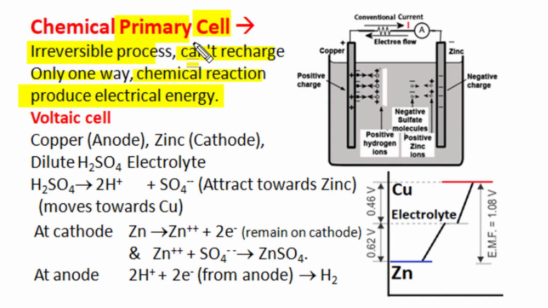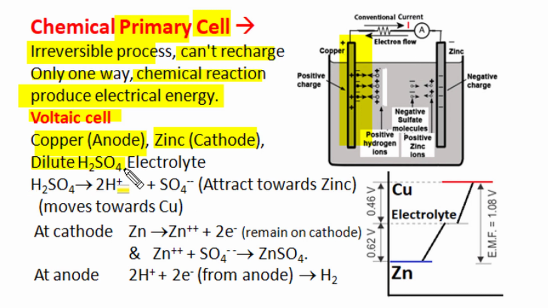Lead acid cell is one such cell, but the first historic cell was developed by Volta in the year 1801 and that cell is known as Voltaic cell. In Voltaic cell, in a solution of dilute sulfuric acid, we put two electrodes. One is of copper that becomes the positive electrode, anode, and the other one is an electrode of zinc that becomes the negative polarity electrode or cathode.